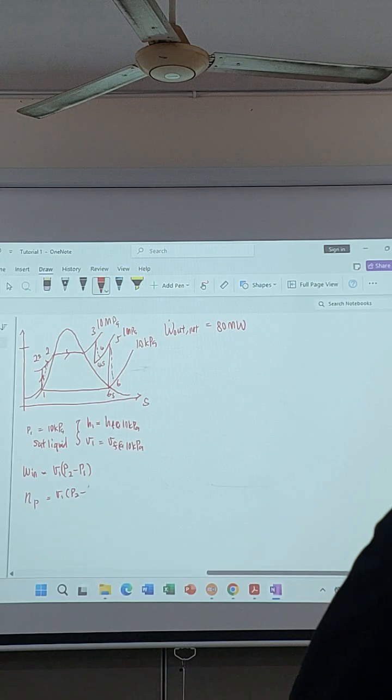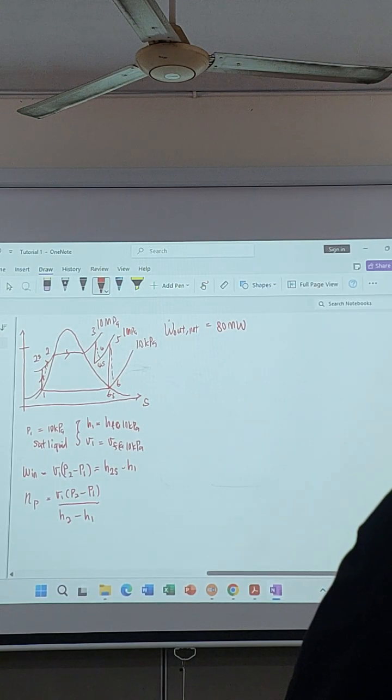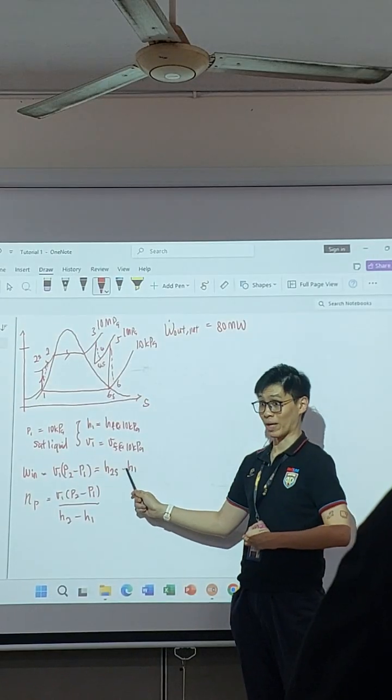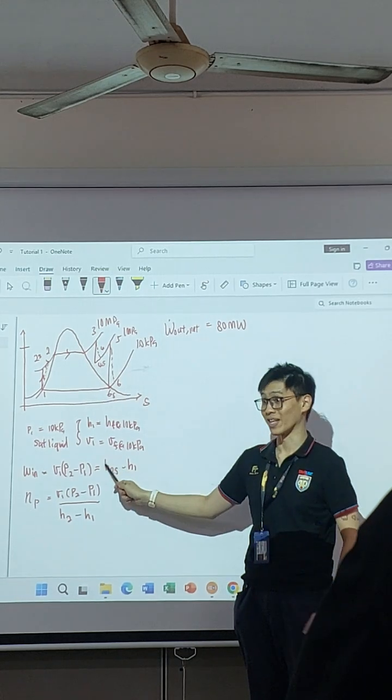I split this into two equations because in my example in the lecture notes we skip this step, so it might not be too clear. This is actually H2s minus H1 if you are interested in looking for H2s. But we just skip it because we don't really need the H2s value.